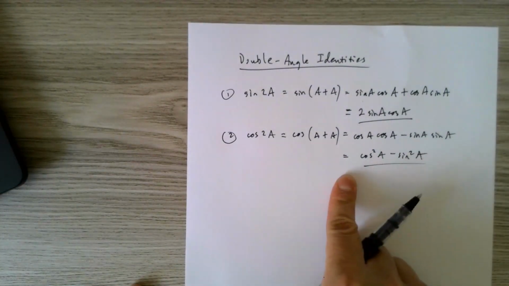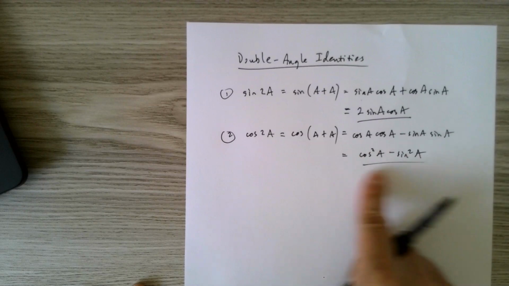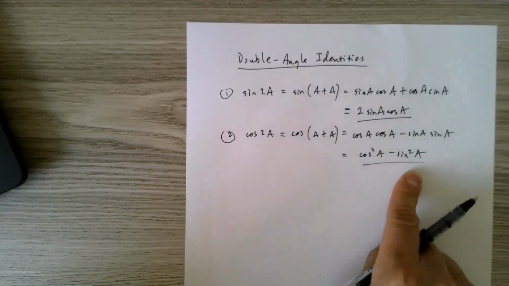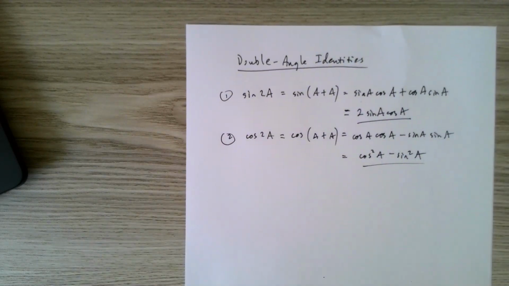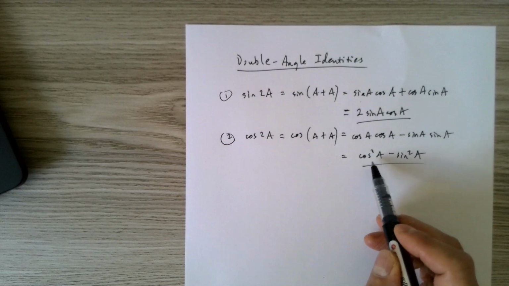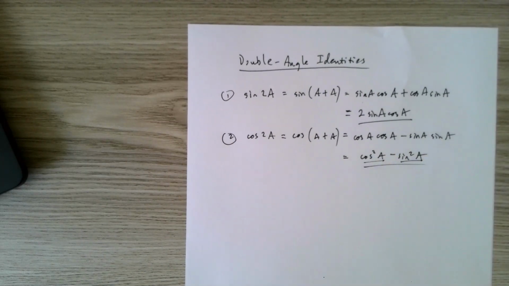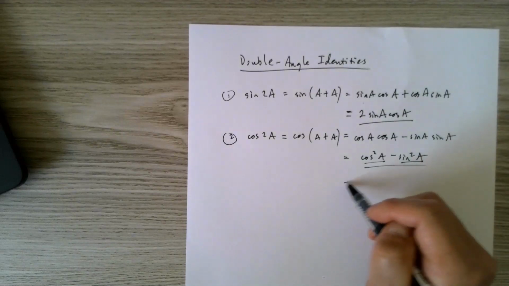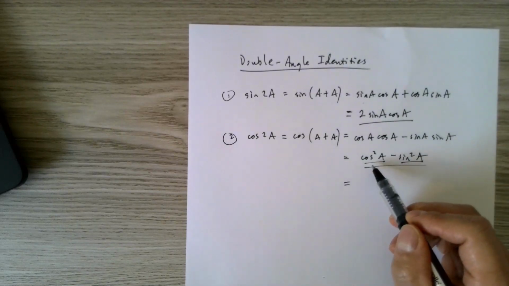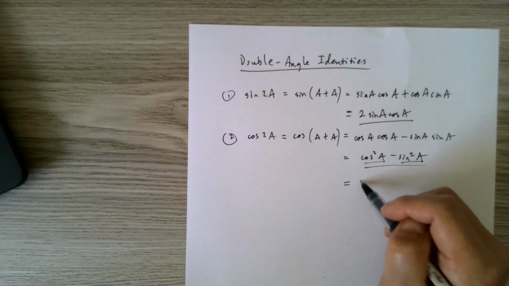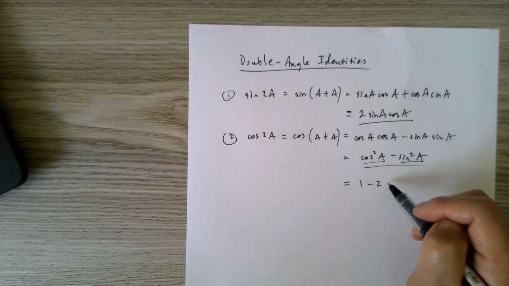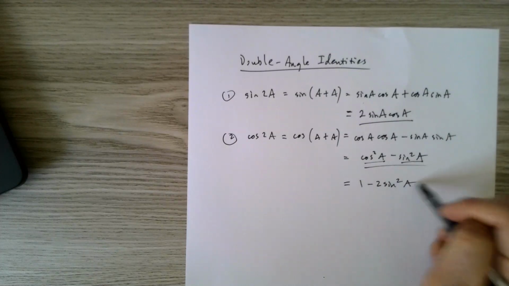And this second one can be expressed in a couple other ways that are convenient and practical, because I can replace either this or this with something from the Pythagorean group. So I can replace this with 1 minus sine squared and turn the whole thing into 1 minus 2 sine squared a.